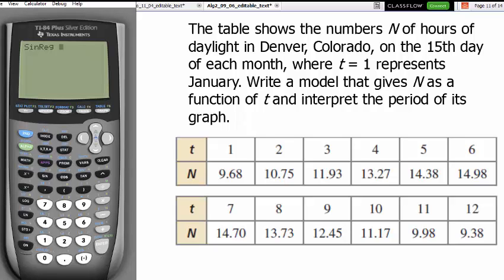The one thing that I want to do is put the equation in the graph, which means I need to go to vars, yvars, enter on function, enter on y1. So my equation just says sin reg y1 and calculate.